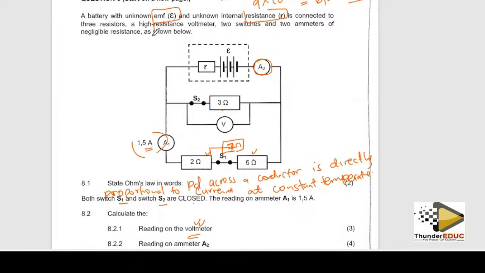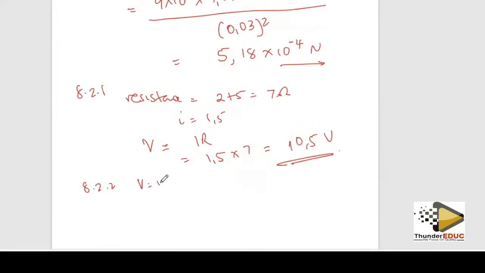Okay. Now we know that if we combine these two and we get one single equivalent resistor, the 7 ohm and the 3 ohm are gonna be in parallel. Okay. So since we know our voltage as 10.5 across, we need to get the effective resistance of the circuit.